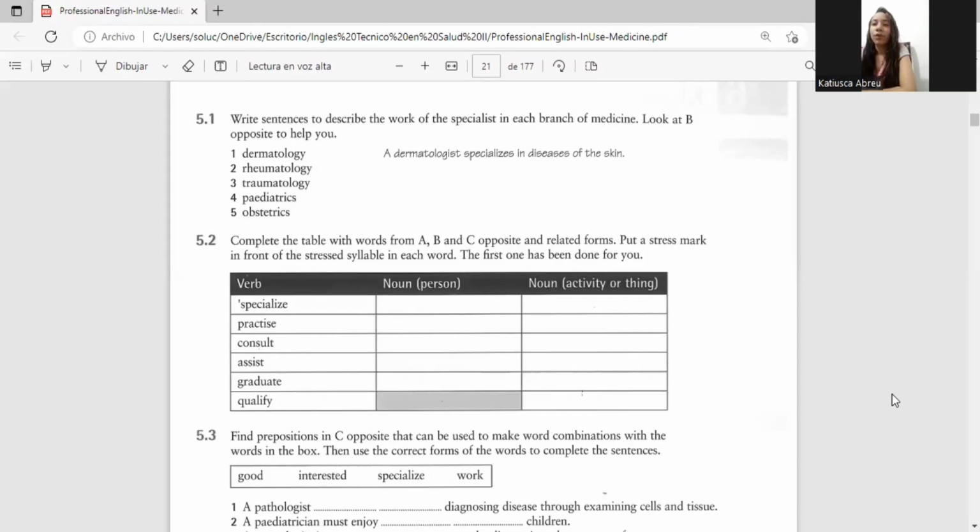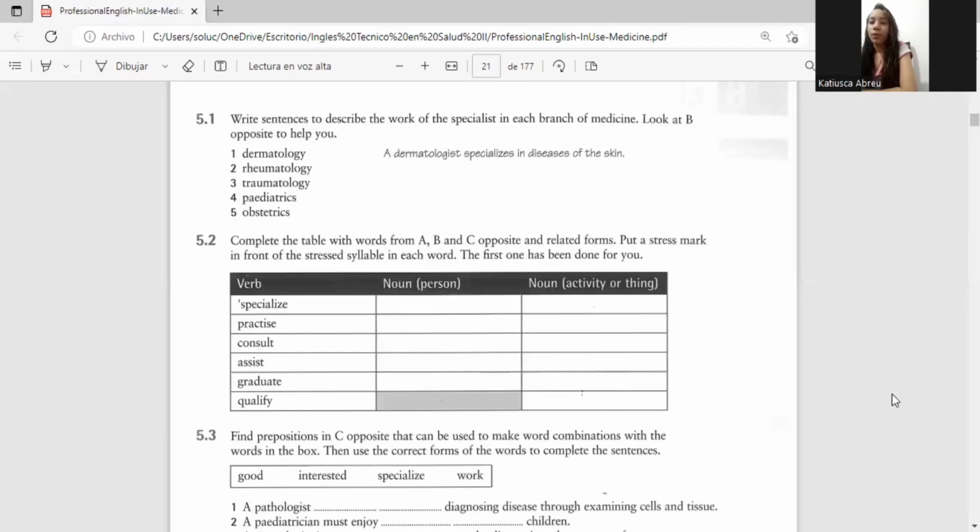Exercise 2. Complete the table with words from A, B, and C in related form. Put a stress mark in front of the stressed syllable in each word. The first one has been done for you.